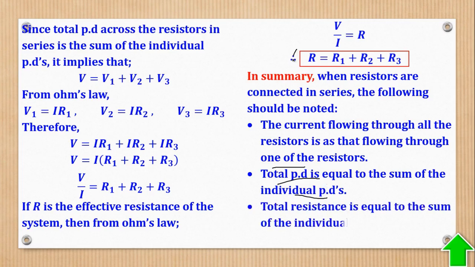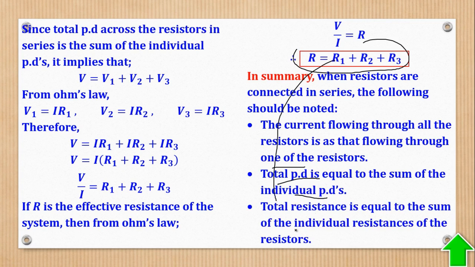And lastly, the total resistance is equal to the sum of the individual resistances of the resistors. So it is different from capacitors. For capacitors, we are talking about reciprocals as long as the capacitors are in series. But in electricity, when the resistors are in series, we talk about the sum of individual resistors. So it is like vice versa.